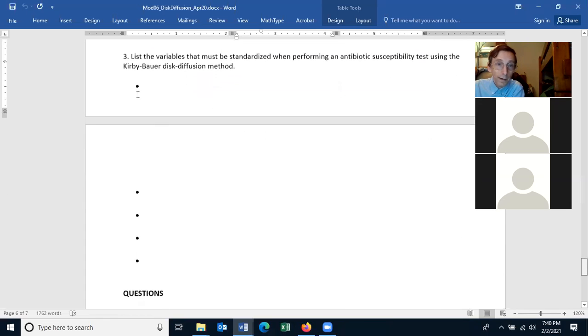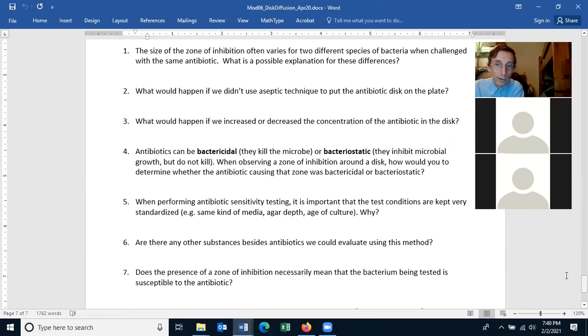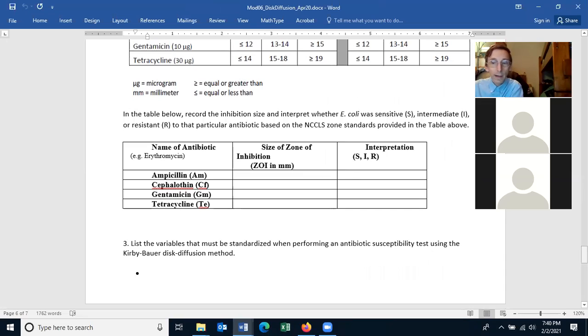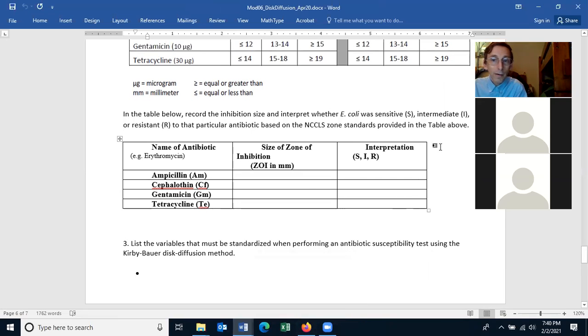Wherever there's a dot, that means you should put an answer. And then do the questions in the worksheet, which has 7 more questions. And I'll be here till 8:20 to answer any questions. All right? I'll be up and about. So go ahead and get to it.